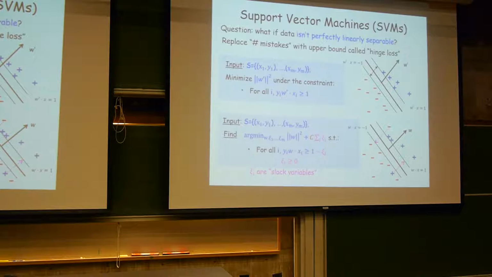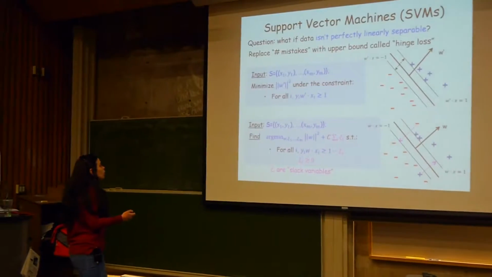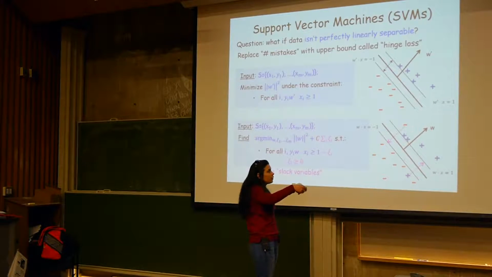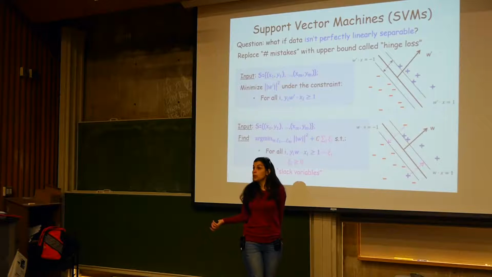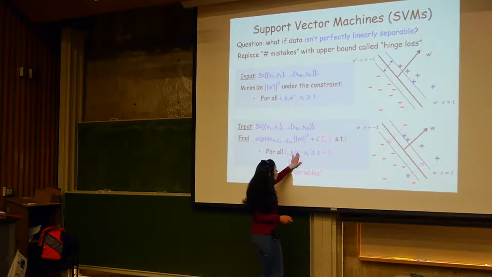And I was also trying to ensure that all the negative examples are below this hyperplane, specified by w' dot x equals minus 1. So this is in the realizable case. Now this is not going to be satisfied once I have noise, but here's what we can do. Ideally, we want all the positive examples on this side of the hyperplane. But if that's not possible, I'm going to allow them to violate this constraint, the w' dot x_i.